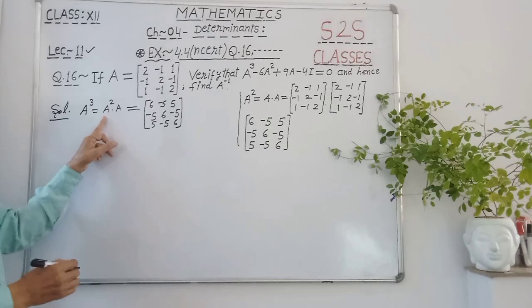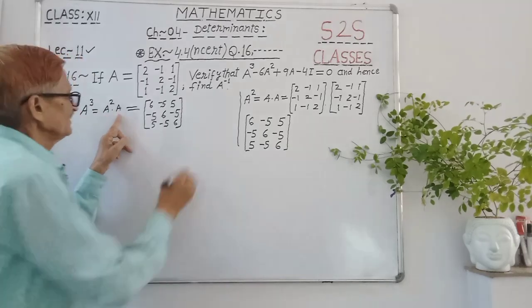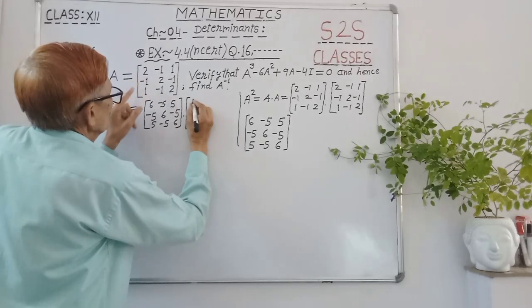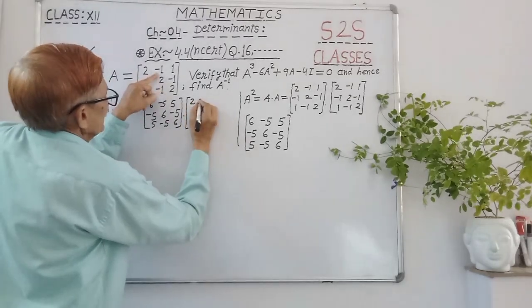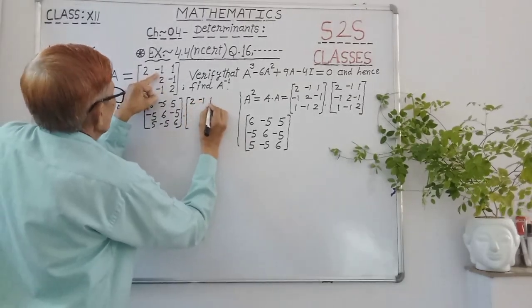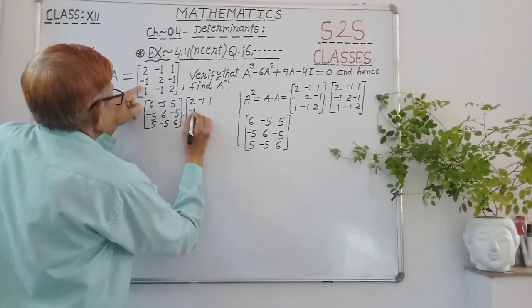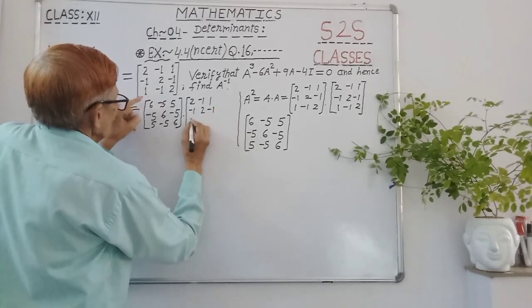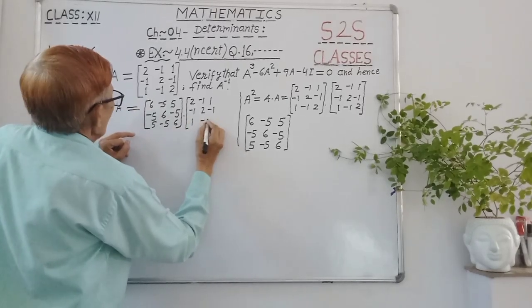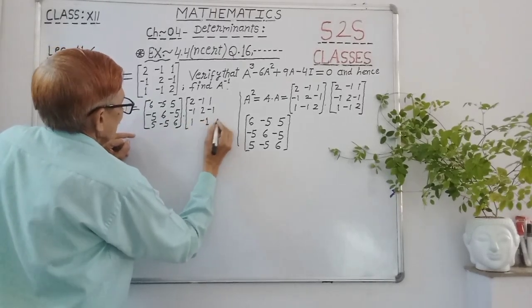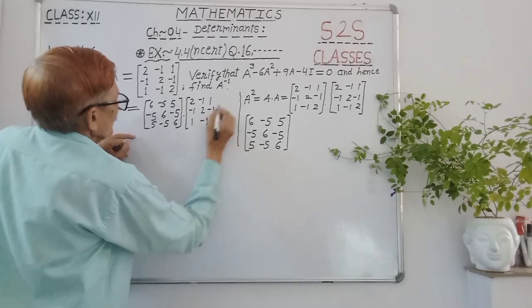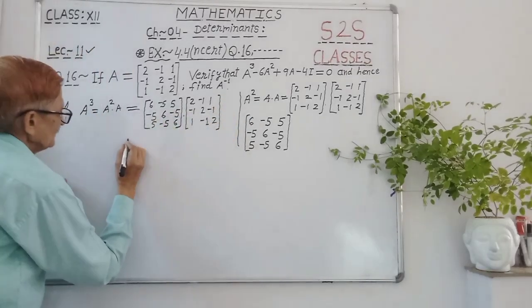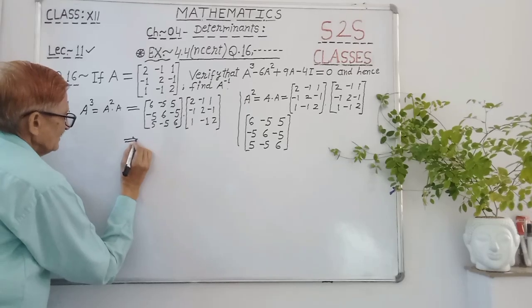Then A square into A. So A is 2, minus 1, 1, minus 1, 2, minus 1, 1, minus 1 and 2. Okay beta, multiply with this.